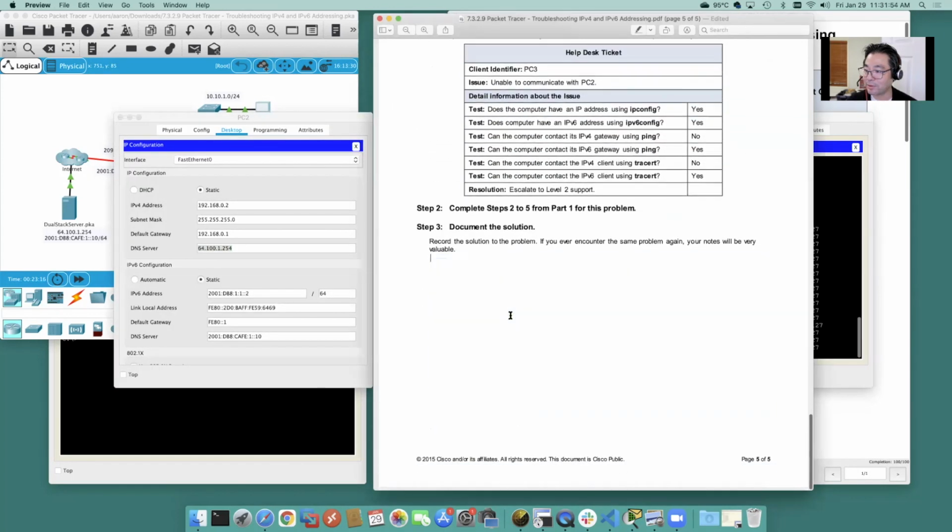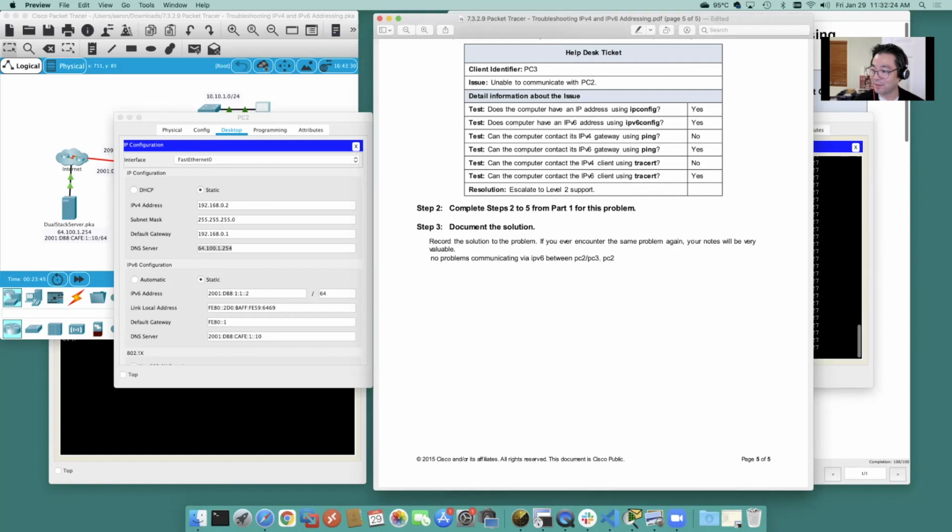Okay, document the problem and record the solution. No problems with IPv6 between PC2 and PC3. There are no problems there.